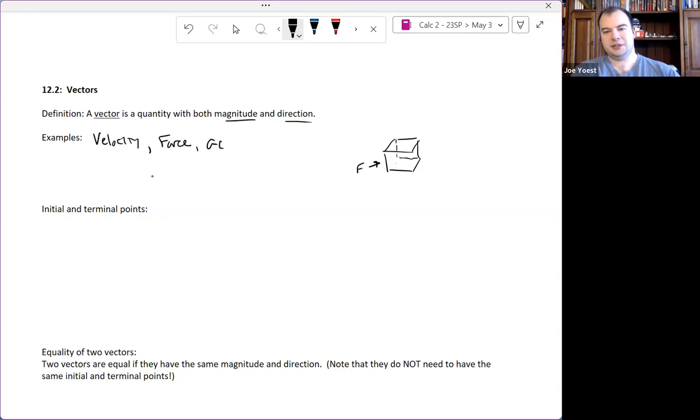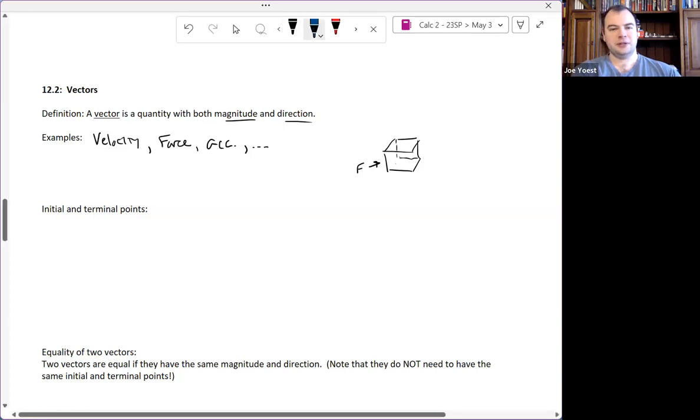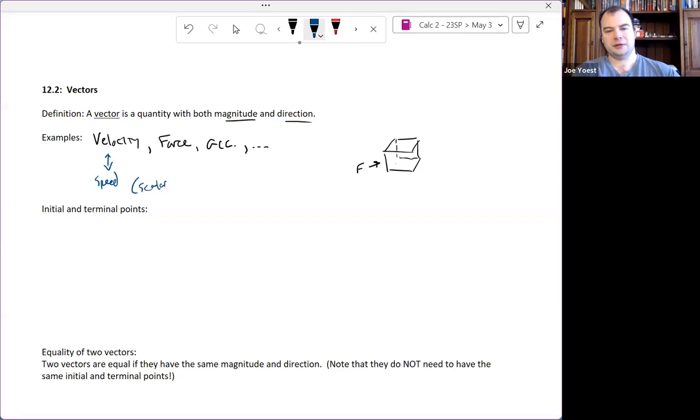Something like acceleration, lots and lots of vector quantities that come up in physics. Note that this is opposed to something like speed, which is what we would call a scalar quantity. So speed is if I get rid of the direction and I just look at the magnitude of the velocity. So speed is like 60 miles an hour, velocity is like 60 miles an hour going north.